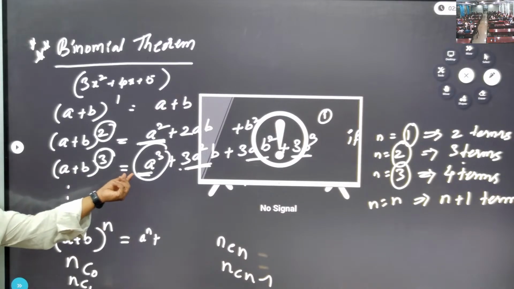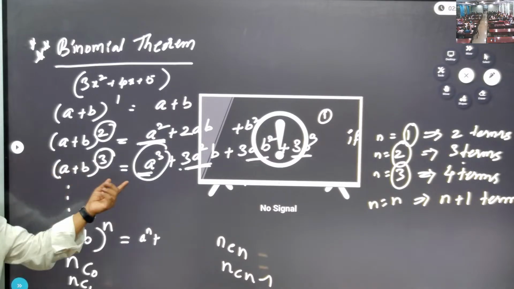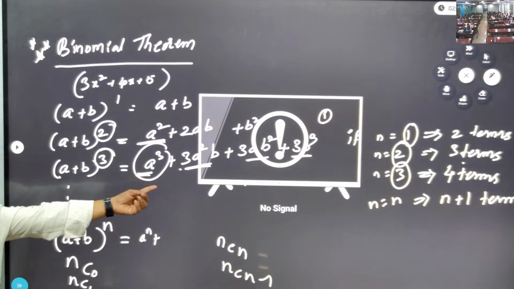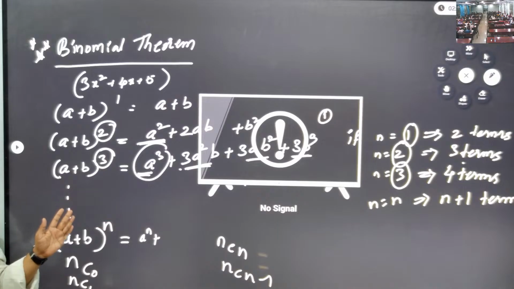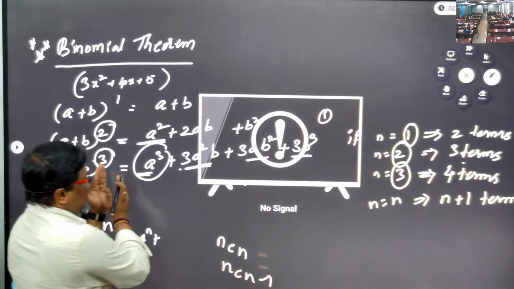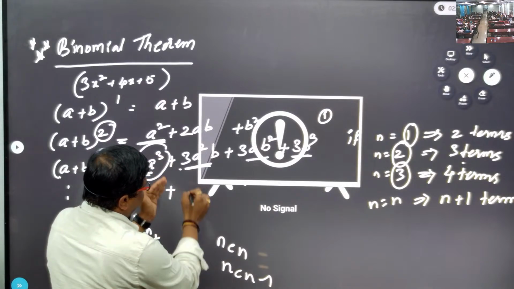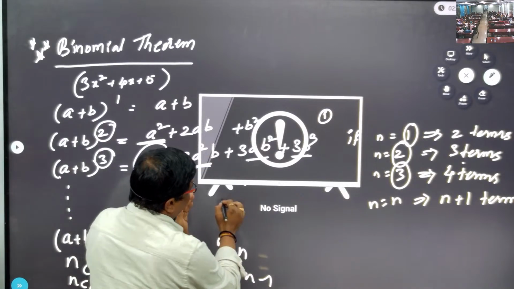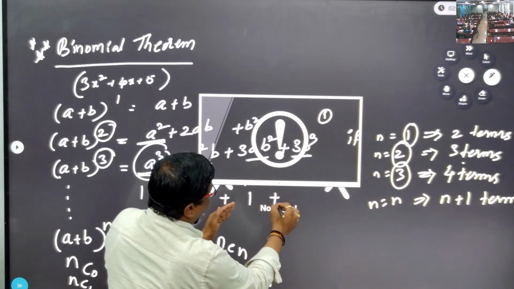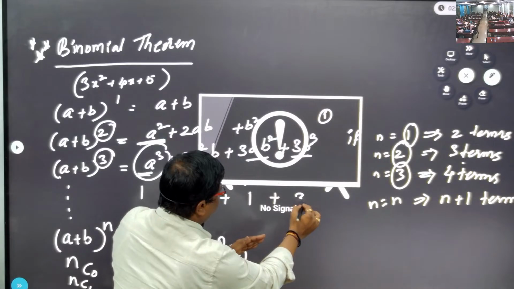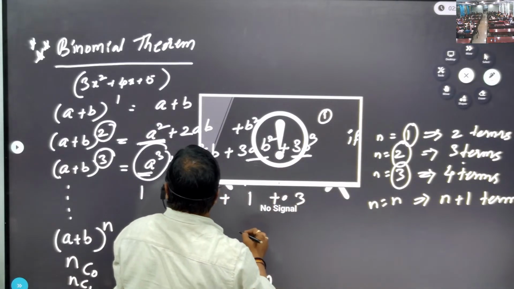So you are going from left to right in a binomial equation, right? Here we have a plus b power 3. So we also have the equation a cube plus 3a square b plus 3ab square plus b cube, right? So if I am going from left to right, here my coefficient is 1 for a cube, here my coefficient for a square b is 3, here my coefficient for ab square is 3, and here my coefficient for b cube is 1. Okay.